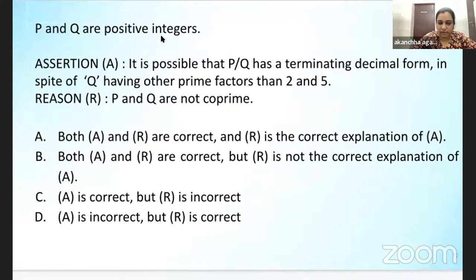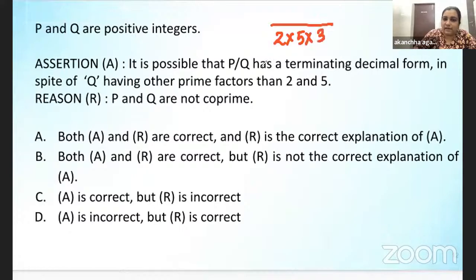There are 2 integers, P and Q. Now, the first statement is, it is possible that P by Q has a terminating decimal form in spite of Q having other prime factors than 2 and 5. So they are saying that P by Q can have a terminating decimal and this denominator has some other factor also.